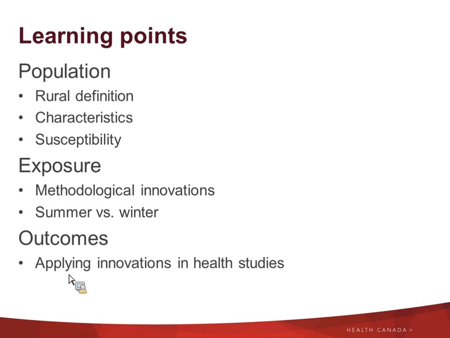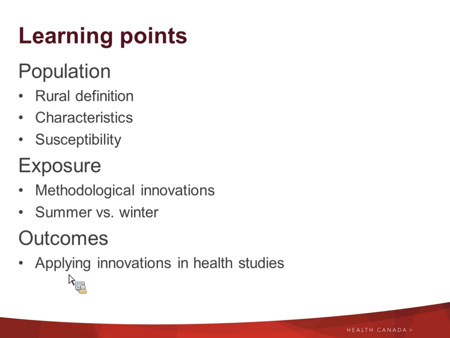So it's going to take an epidemiology 101 approach, looking at this in terms of population, exposure and outcomes. First of all, in terms of population, what do we mean by rural areas? Characteristics of rural populations, in particular factors that mediate susceptibility to adverse effects of air pollution.